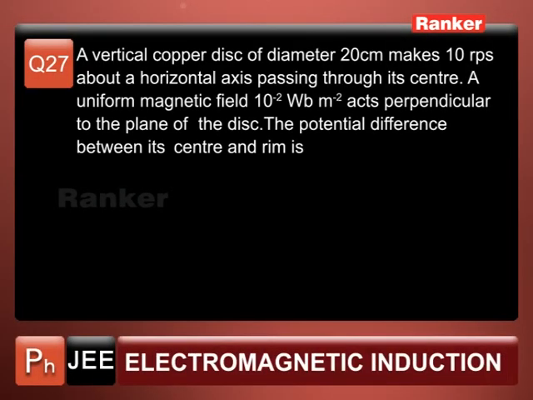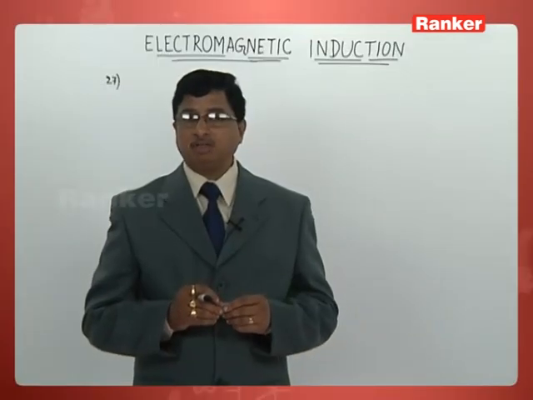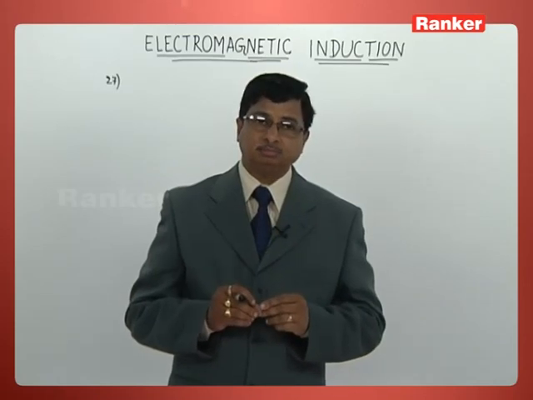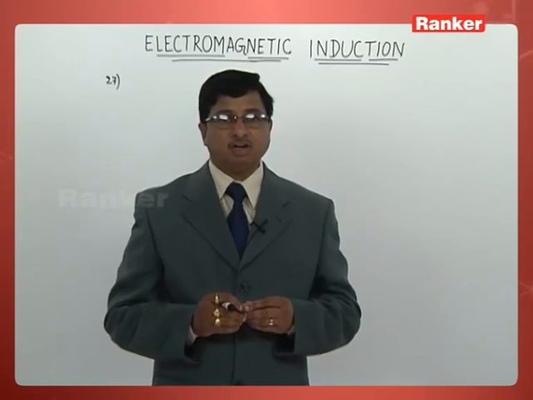A vertical copper disc of diameter 20 centimeter makes 10 RPS about a horizontal axis passing through its center. All of you are familiar that 10 RPS is the linear frequency of that body. Then how to convert that into angular frequency? You can understand it is 2 pi n.